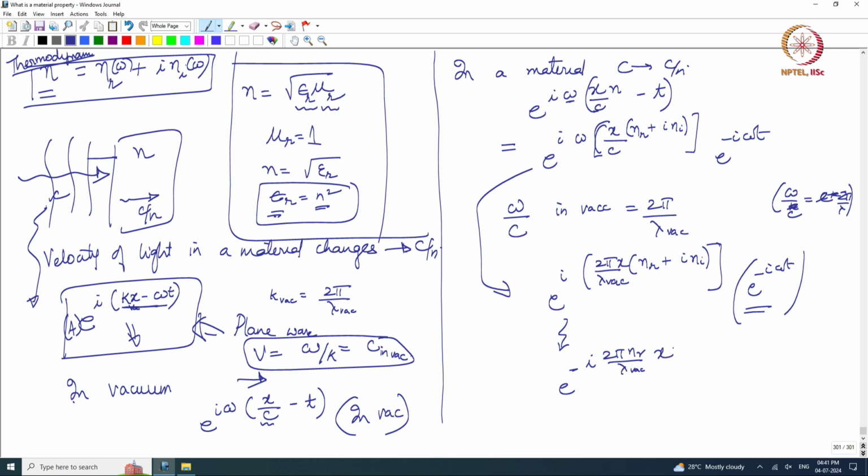So x times e power minus 2 pi by lambda vacuum times n_i, right. Okay. And so there is a time propagation which is e power minus i omega t, right. Now this is sinusoidal, this is just exponential.